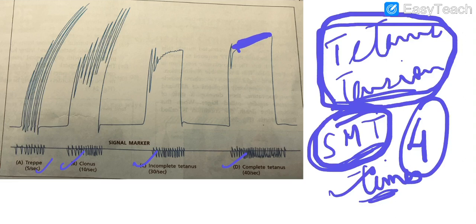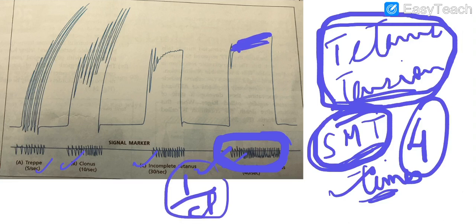Now can you calculate the stimulation frequency, like what should be the frequency of the successive stimuli? Can you calculate the frequency of the successive stimuli that might end up generating the tetanus? Yes. What is the formula for that? The tetanic frequency is equal to 1 divided by the contraction period.